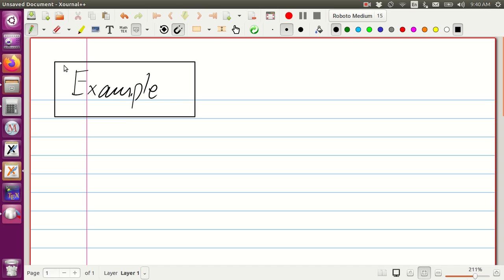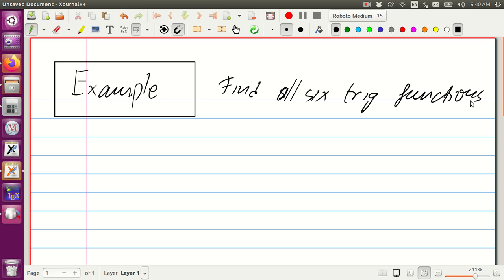In this example we want to do the following: find all six trig functions of theta equal to negative pi over 2.